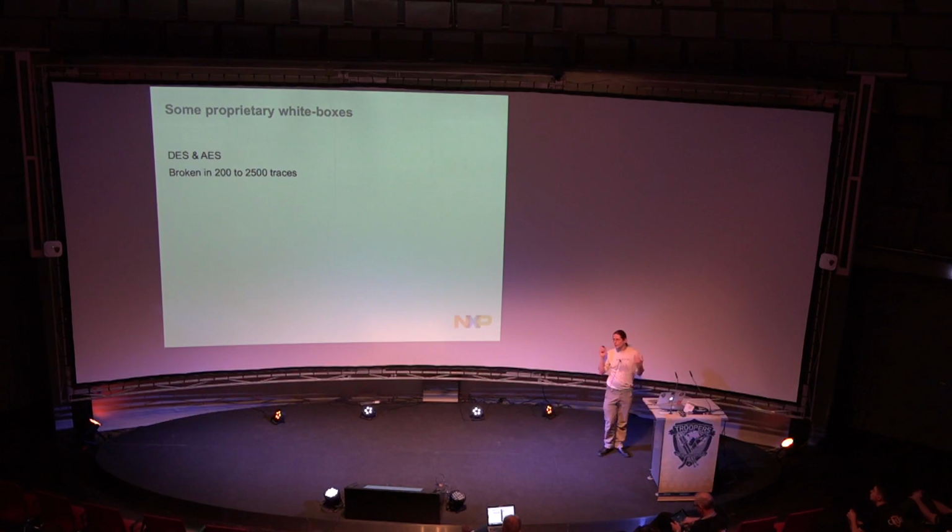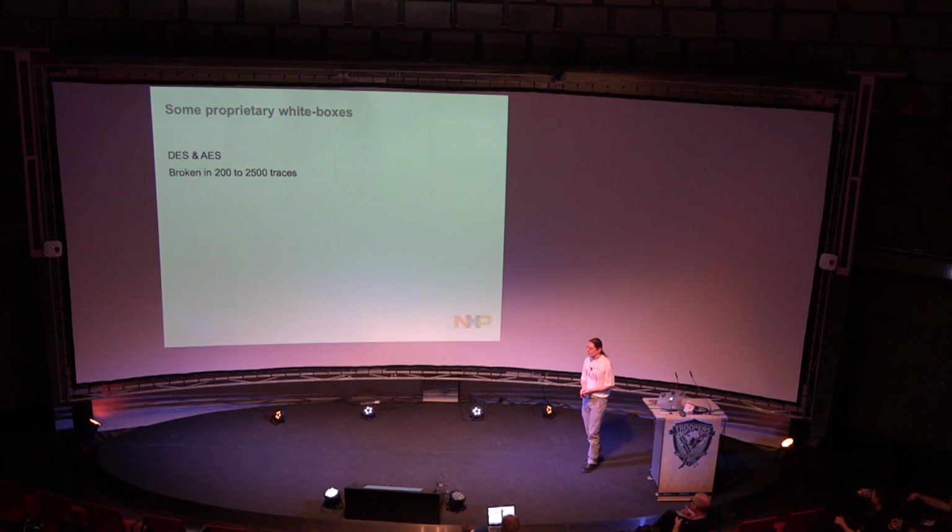And, well, yeah, we looked at it closely. For proprietary stuff, I can just give you the range of traces needed to break those schemes: between 200 and 2,500. We tried that on DES and AES, and it works pretty well. But, yeah, sorry, I can't speak too much about that.